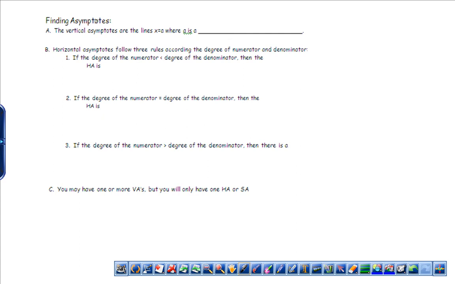Okay, so finding asymptotes. It says the vertical asymptotes are the lines x equals a, where a is a 0 of the denominator. Horizontal asymptotes, and again, I'm abbreviating vertical asymptote and horizontal asymptote, follow 3 rules according to the degree of the numerator.